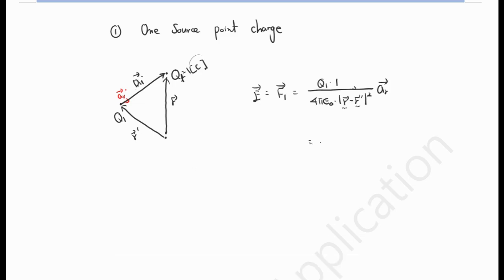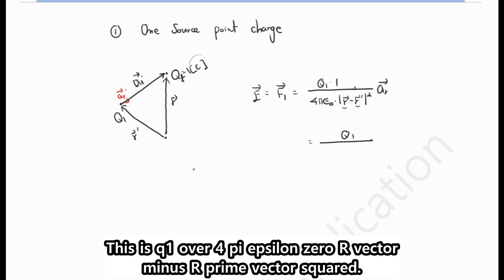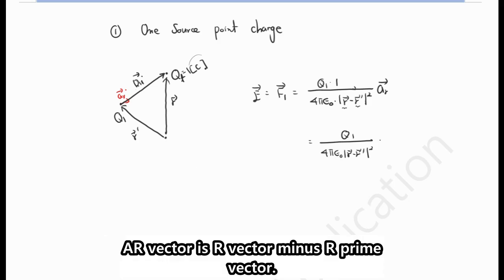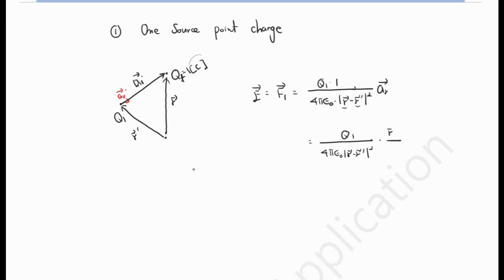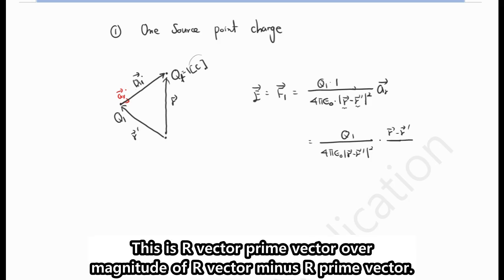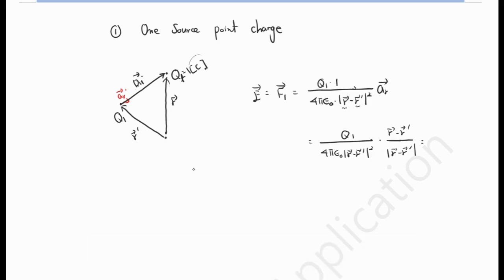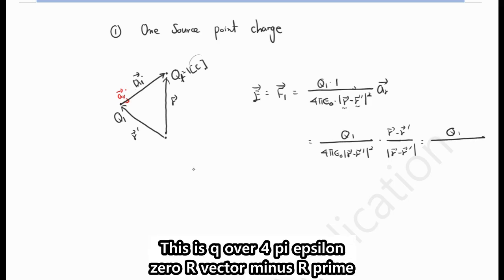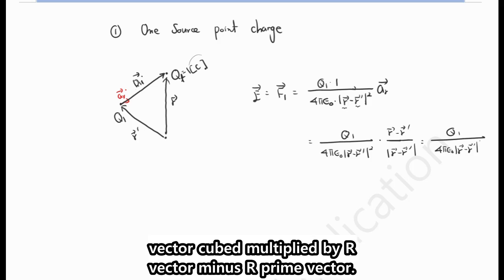This is Q1 over 4 pi epsilon 0 magnitude of r vector minus r prime vector squared. AR vector is r vector minus r prime vector over the magnitude of r vector minus r prime vector. This is Q over 4 pi epsilon 0 magnitude of r vector minus r prime vector cubed multiply r vector minus r prime vector.